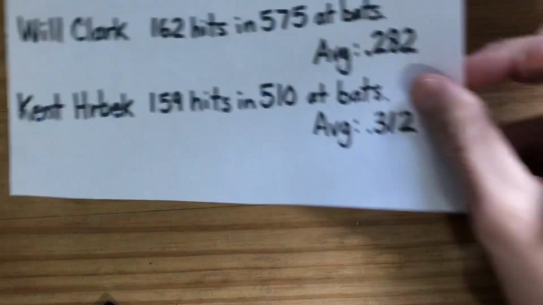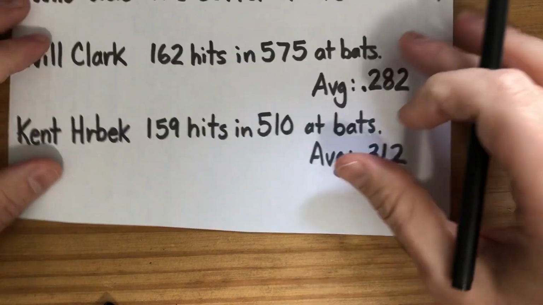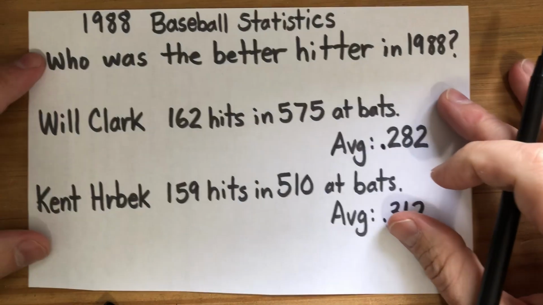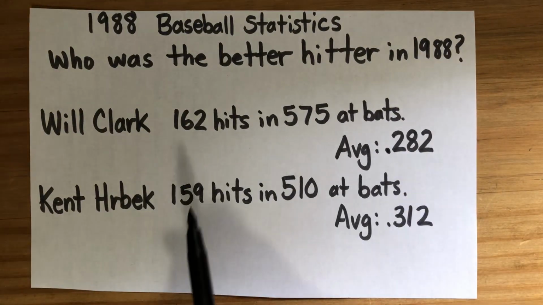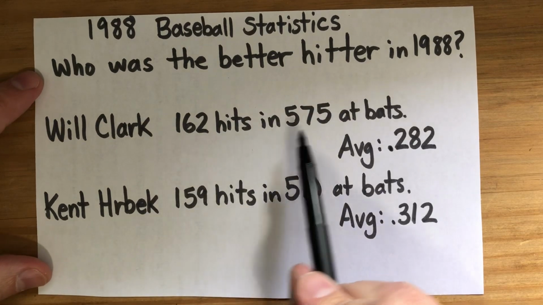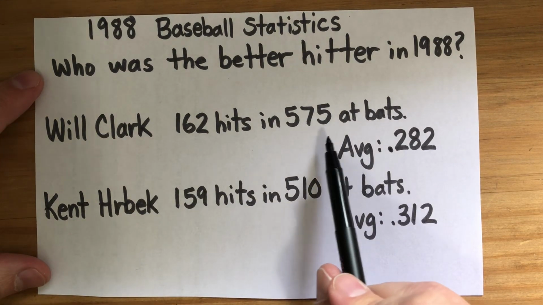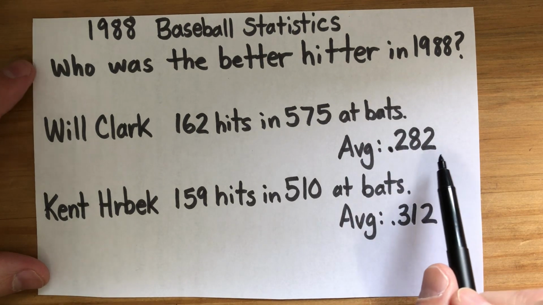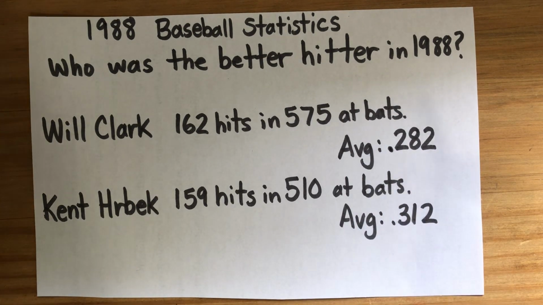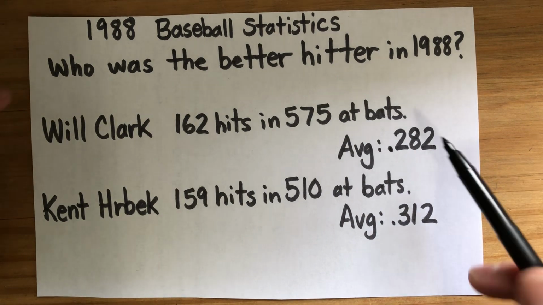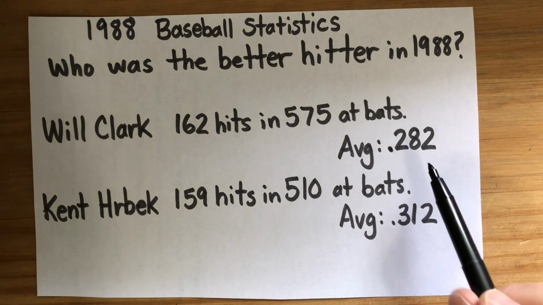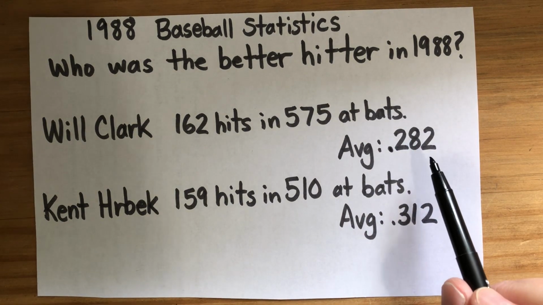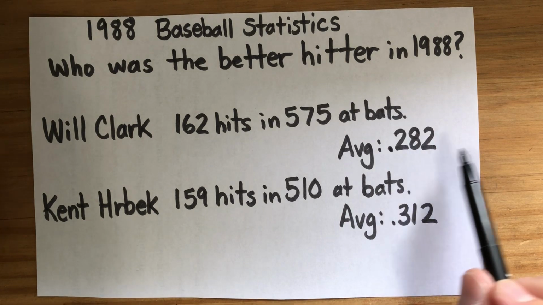So when we want to compare their average, okay, I actually have their statistics summarized here. Will Clark had 162 hits in 575 at-bats, and his average was listed as .282, which means that if he was to bat 1,000 times, he'd get 282 hits, or he's getting a hit about 28% of the time when he goes to the plate.